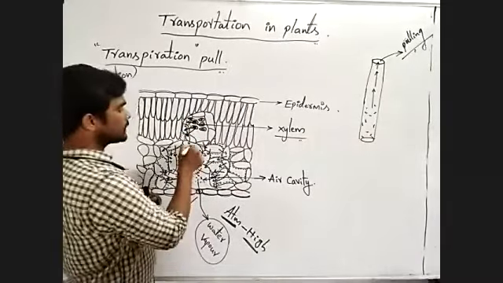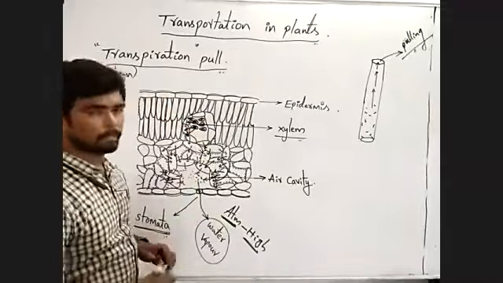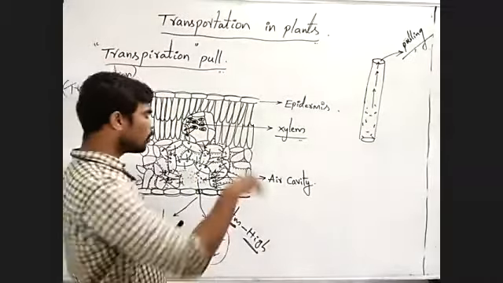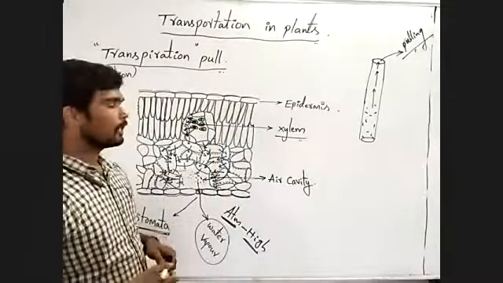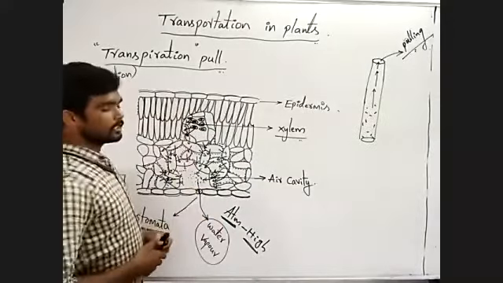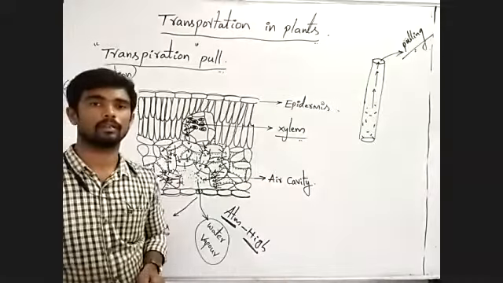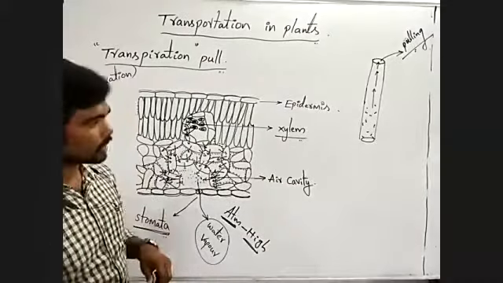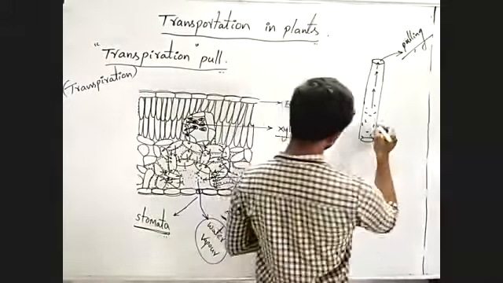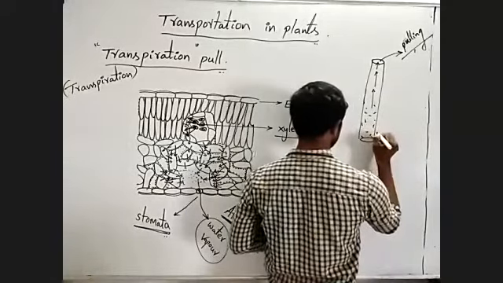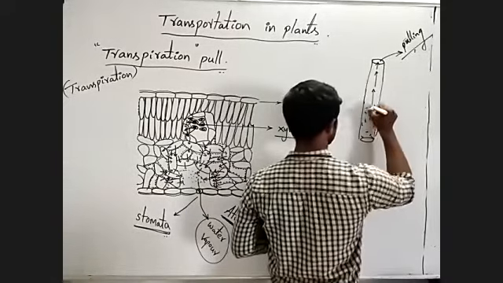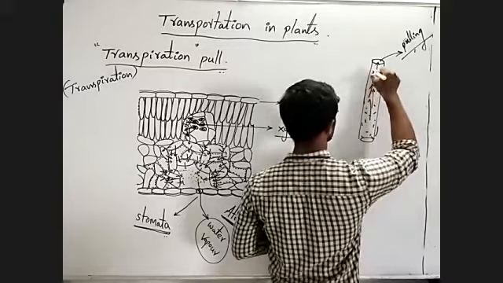Those cells get the water from the xylem. Now on the xylem vessels, a pulling effect is created, a water tension is created. Because of this water tension, water present at the bottom of the xylem vessel is transported in an upward direction.